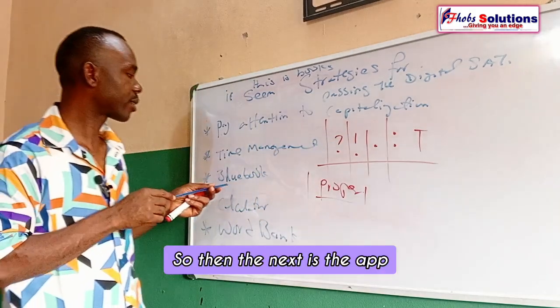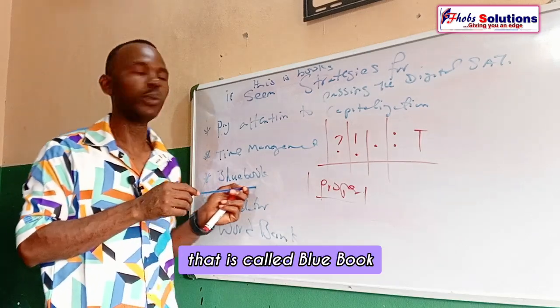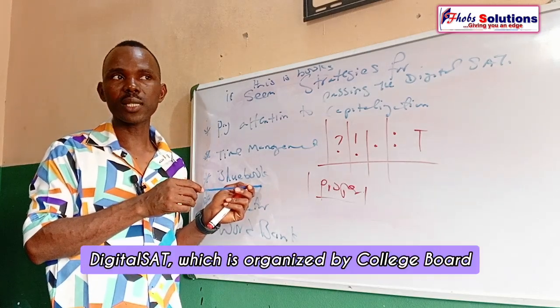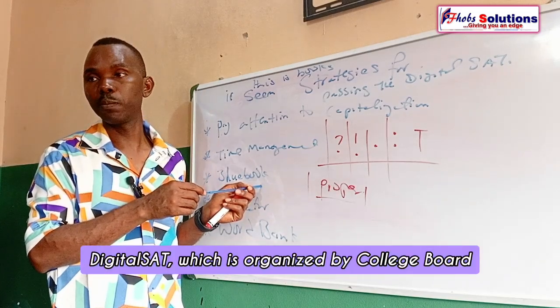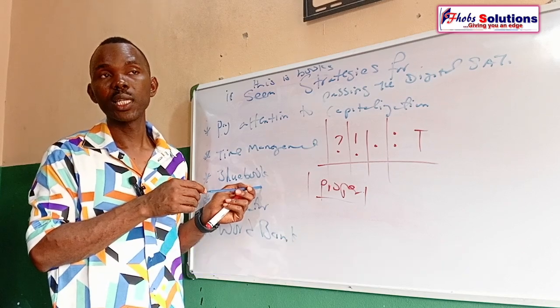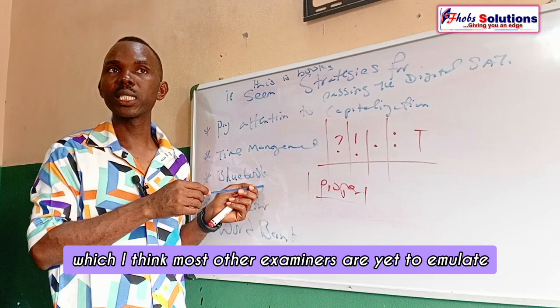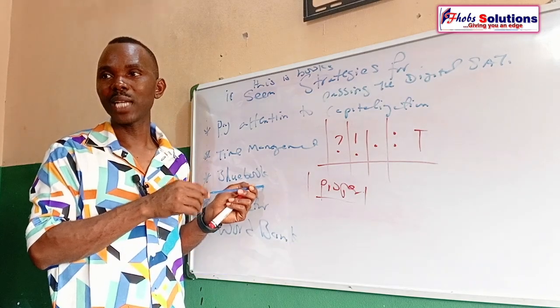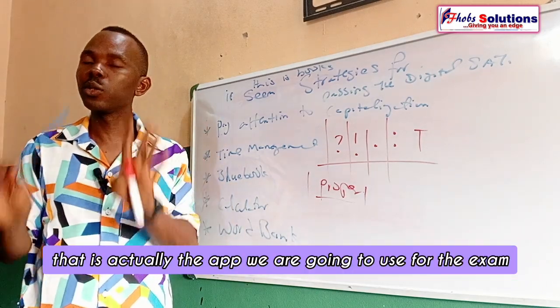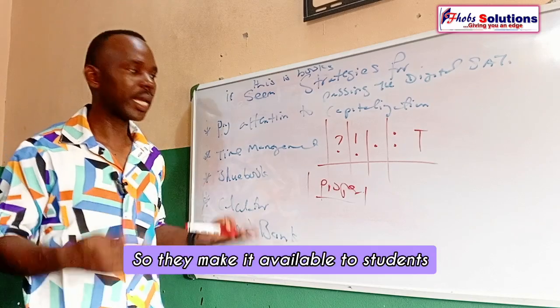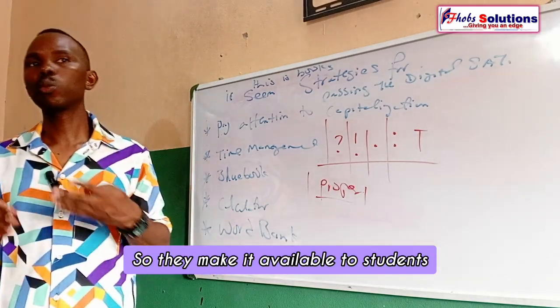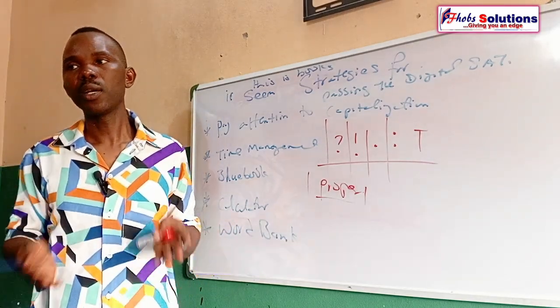So then the next is the app that is called Bluebook. Digital SAT, which is organized by College Board, did something very brilliant, which I think most other examiners are yet to emulate. They built an app that is actually the app you are going to use for the exam. So they make it available to students or test takers online.